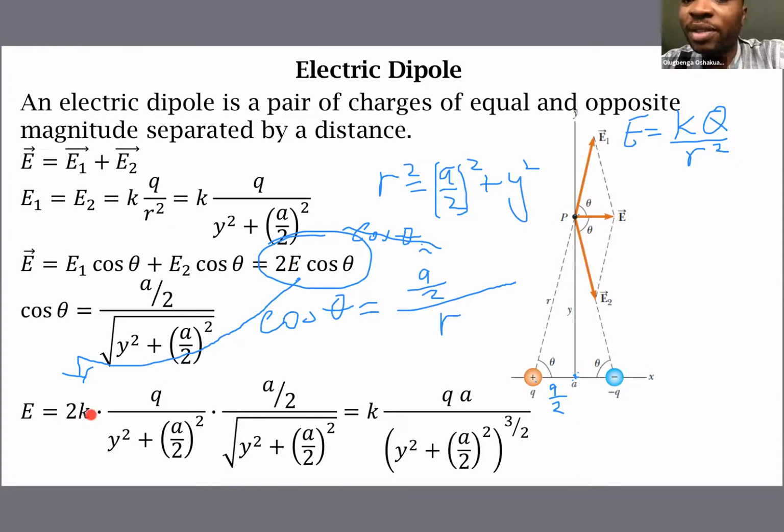This is the K, this is the Q, divided by R squared, this is R squared from Pythagoras theorem, times everything we have here, which has been defined as cos theta. So when we simplify, we should have this final expression where this square root is as good as saying raised to power 1 over 2. So from basic mathematics, you can resolve and have this to be K.